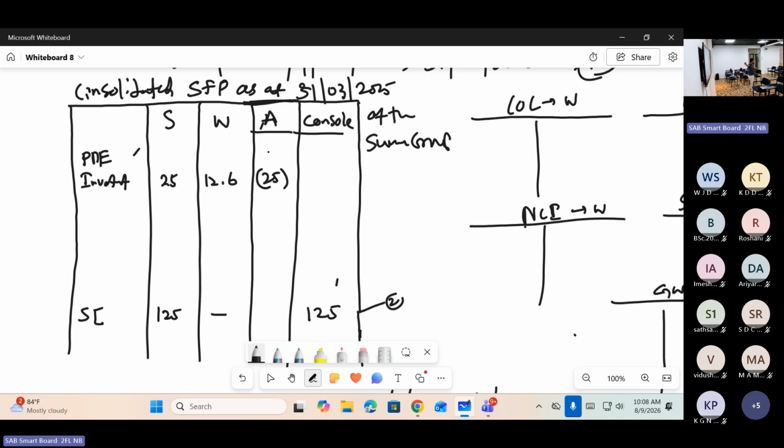We are crediting investment. Debit where? Cost of control account. Credit investment, debit cost of control account. Cash or investment, right? Investment.